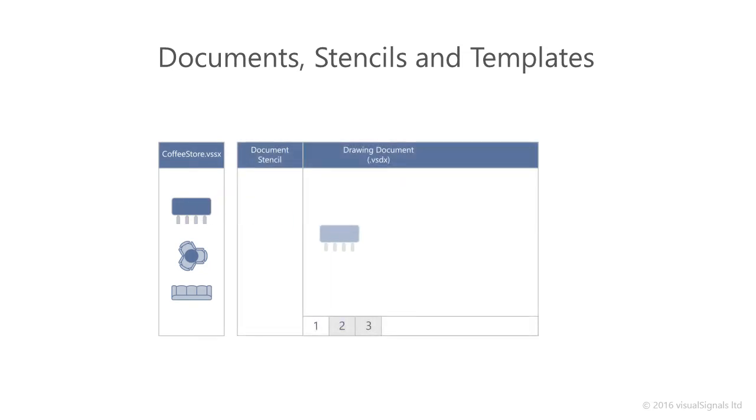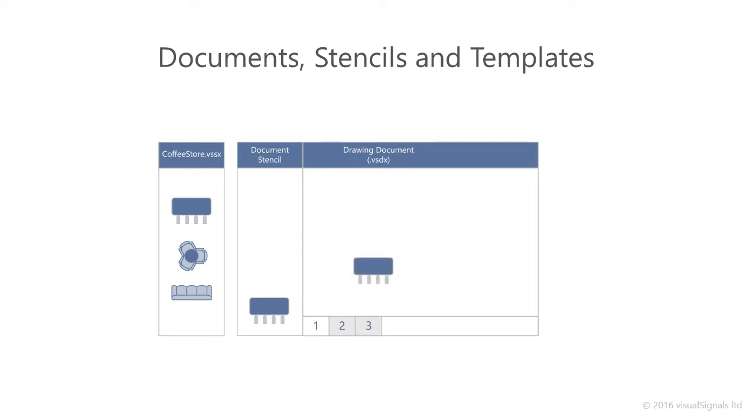Let's say you have your own custom coffee store stencil, and you drag out the espresso machine master into a drawing document. As you drop the master onto the page, Visio checks to see if the master already exists in the document stencil. If it doesn't, then a copy of the master is added to the document, and it's an instance of this local master that's finally dropped onto the page.